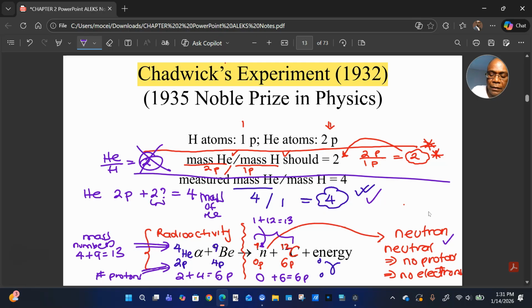So these 2 other particles happen to be 2 neutrons, and 2 times 1 is 2. So the mystery here is that helium also has 2 neutrons in the nucleus.